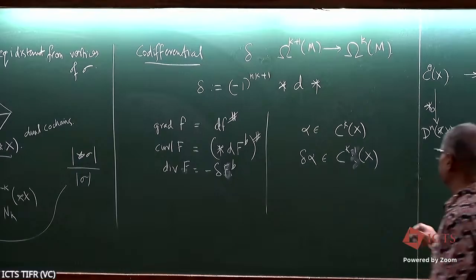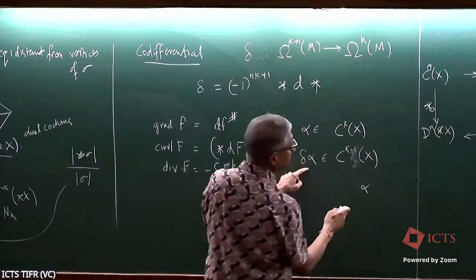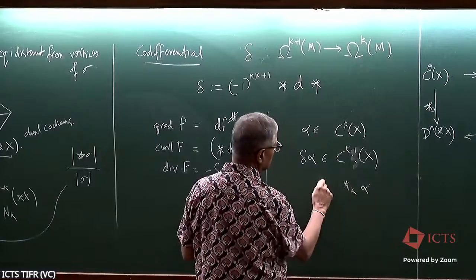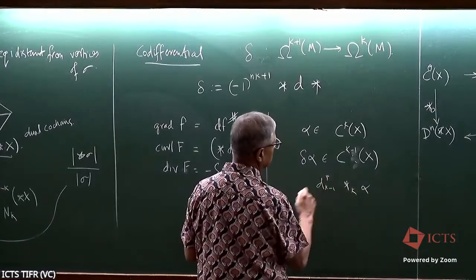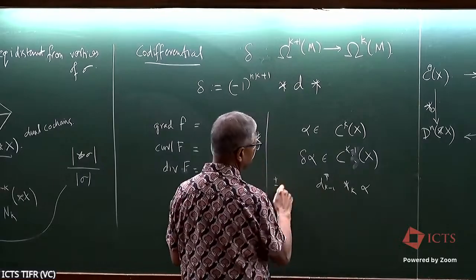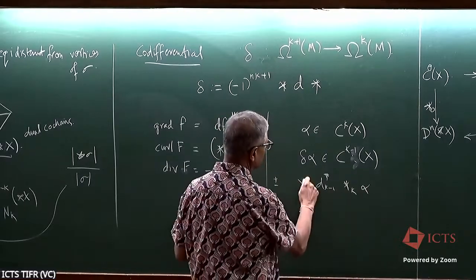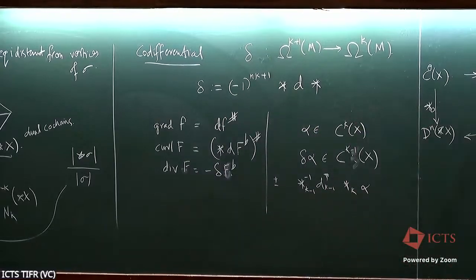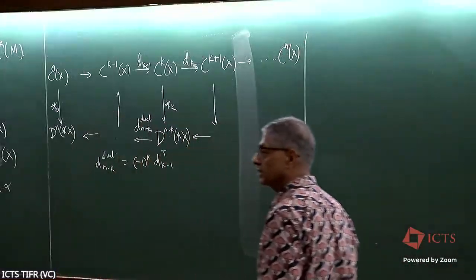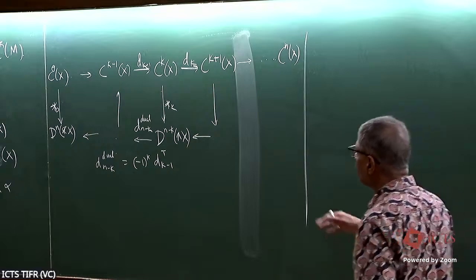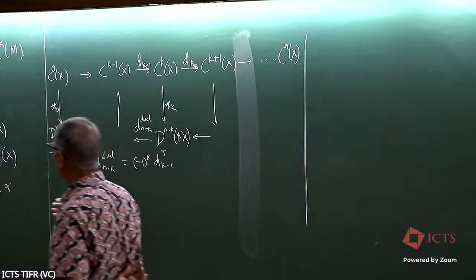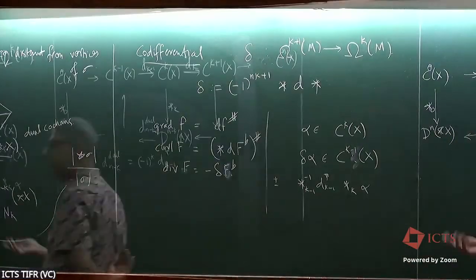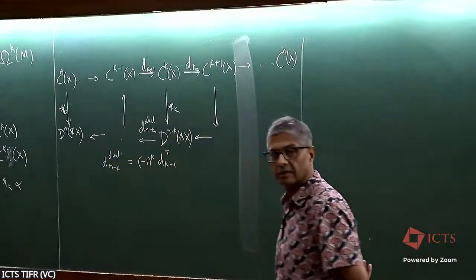So it will be alpha, you do star_k, then you do d_{k-1} transpose, there is some sign, and then you do star_{k-1} inverse. So you're back here. This path gives you the discrete codifferential. You couldn't do that directly in finite element exterior calculus, because typically these will not be easily invertible. You could write it down, but it would not be efficient.